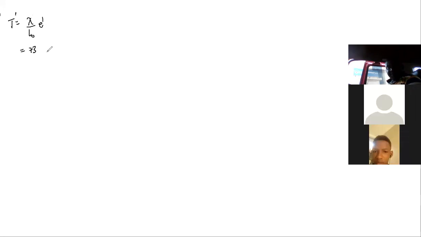It was going to be lambda over the original length times the extension x prime, which modulus was 73.5 divided by the original length, which was 0.6, times the extension, which is 0.12.